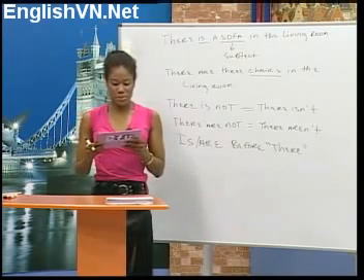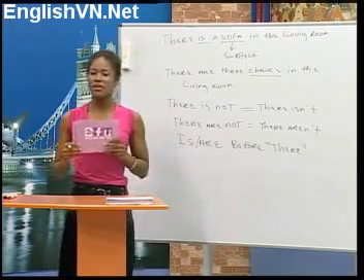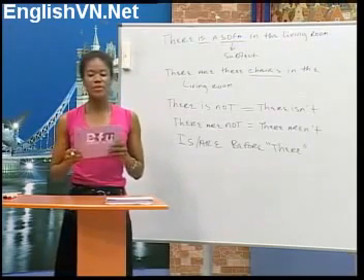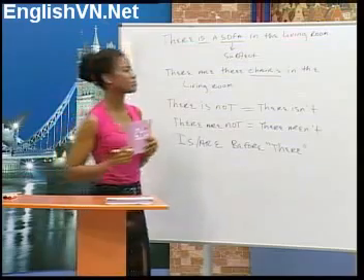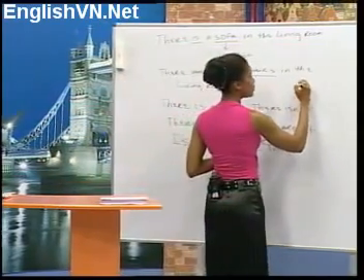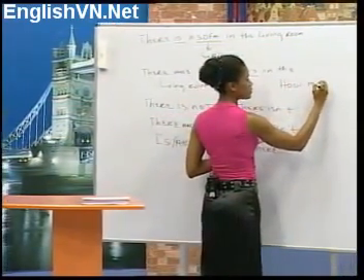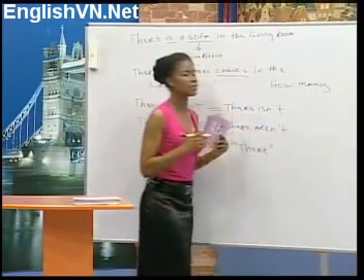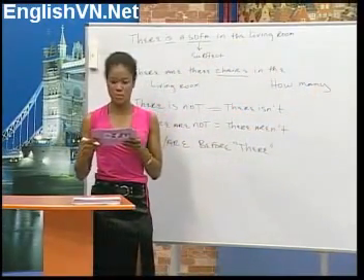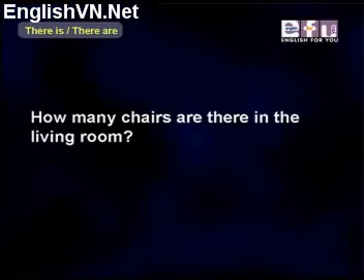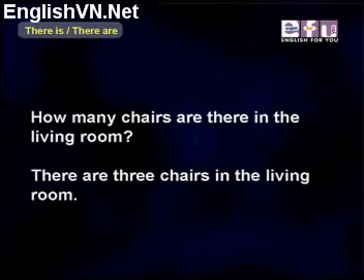You may use there is and there are when answering a question using how many. Look at your screen for an example. How many chairs are there in the living room? Answer: there are 3 chairs in the living room.